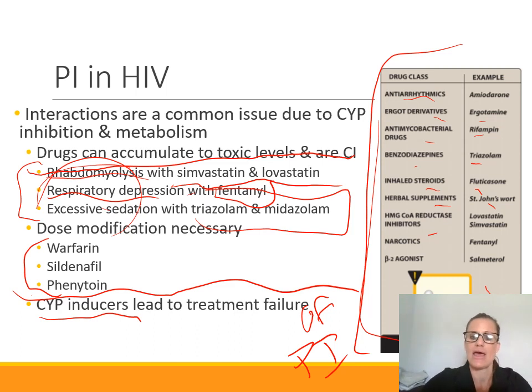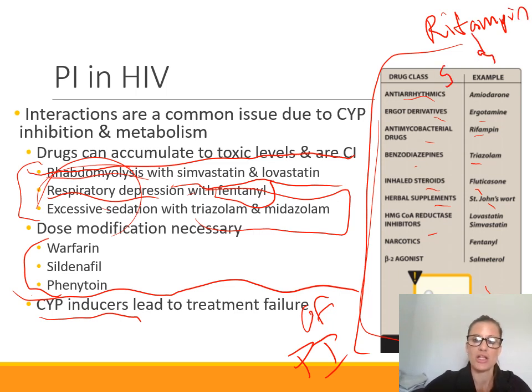So drugs like rifampin and St. John's wort, those are contraindicated because they induce enzymes that lead to treatment failure with the protease inhibitor.